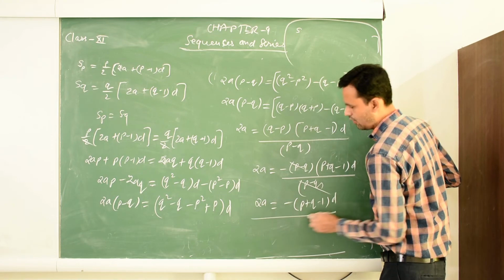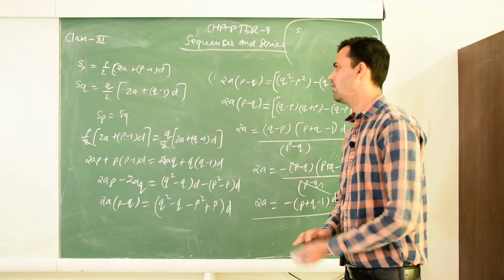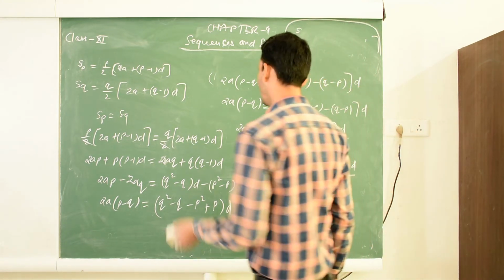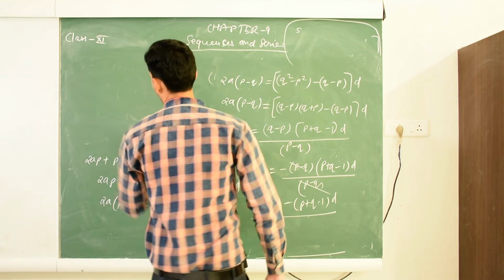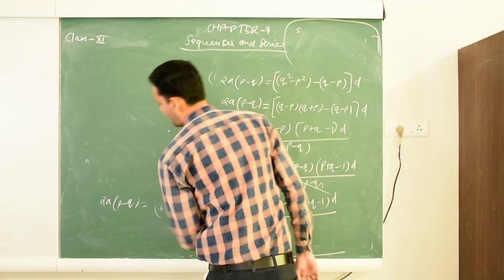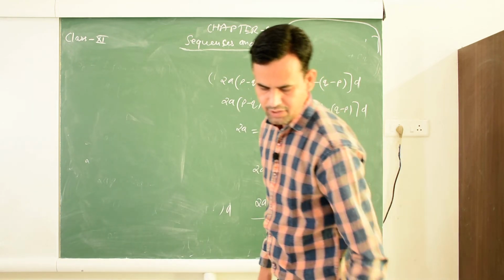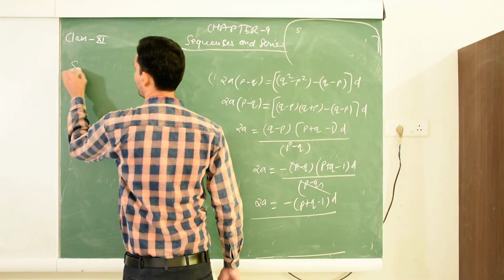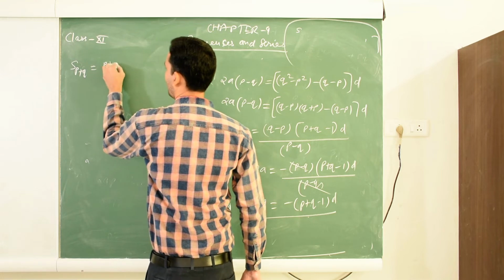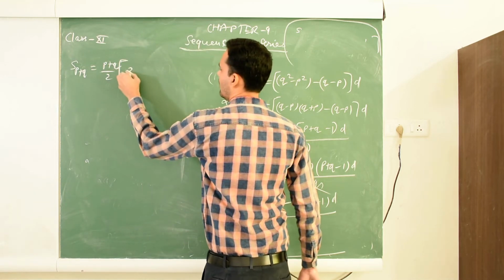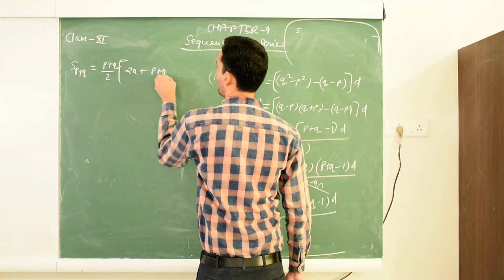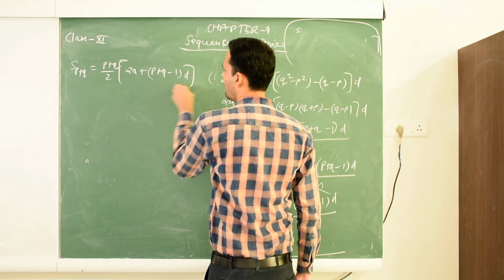Okay, this is the value of 2a. We put this value of 2a in S_(P plus Q) because we have to find the sum of P plus Q terms. So S_(P plus Q) equals (P plus Q) by 2 into (2a plus (P plus Q minus 1) into d).